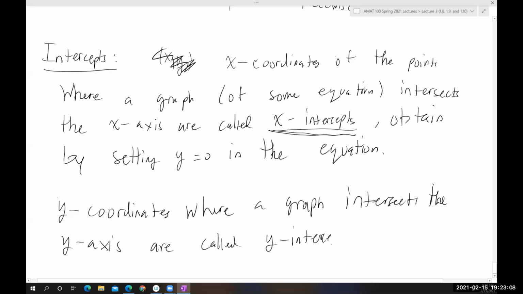Again, this is a definition of what a y-intercept is. And they're obtained by setting x equals 0 in the equation.